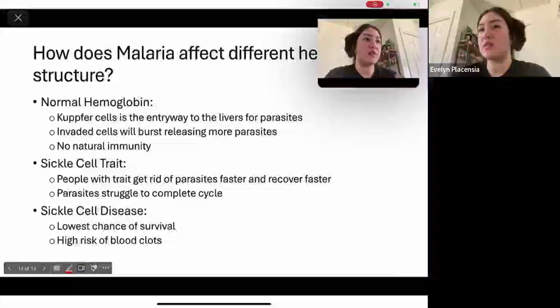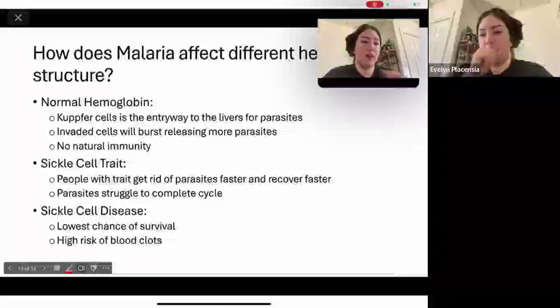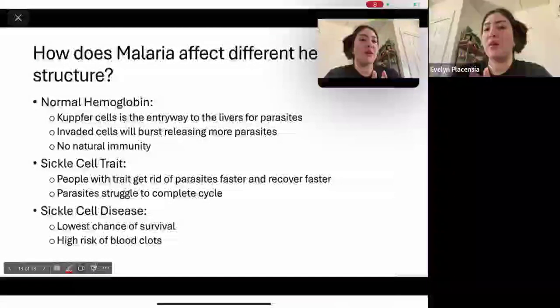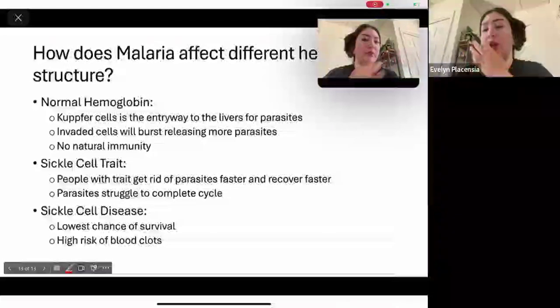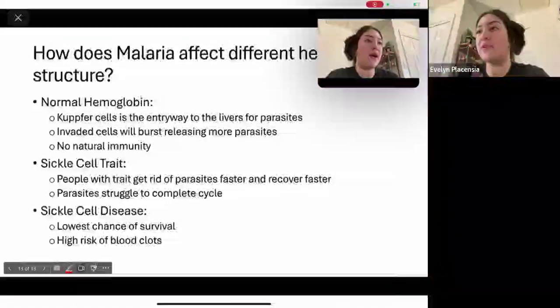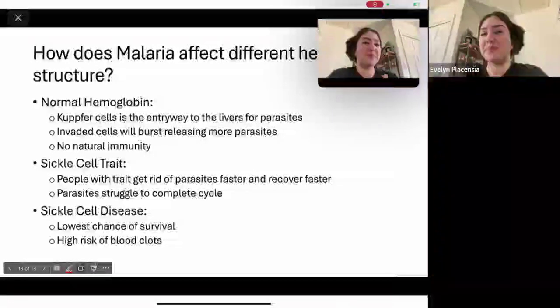Remember, a crisis is the clotting. As I mentioned when I was describing the timeline of a host with normal hemoglobin, the infected cells stick to the blood vessel wall. Now, keep in mind, people with the disease, they only have sickled cells. They don't have any normal ones.